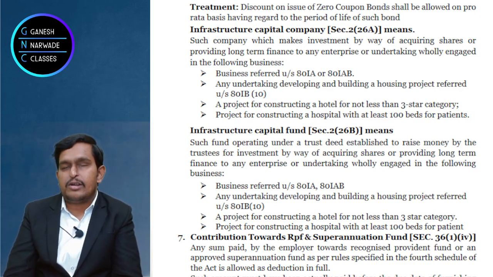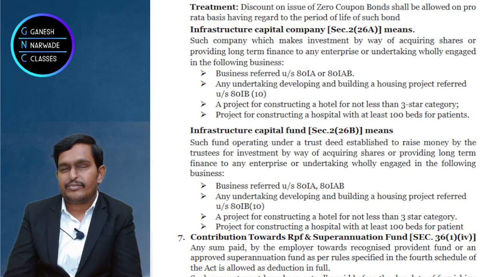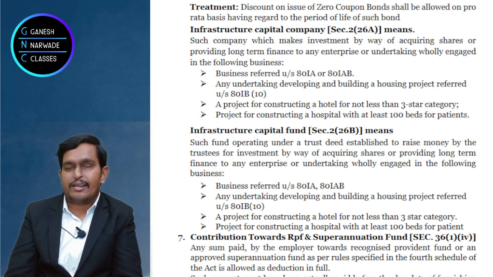If the employer contributes to the recognized provident fund or superannuation fund, right? These are funds for retirement benefits of the employees. The contribution by the employer, which is restricted by the 4th schedule, will be allowed as deduction. But by what time should the employer pay?